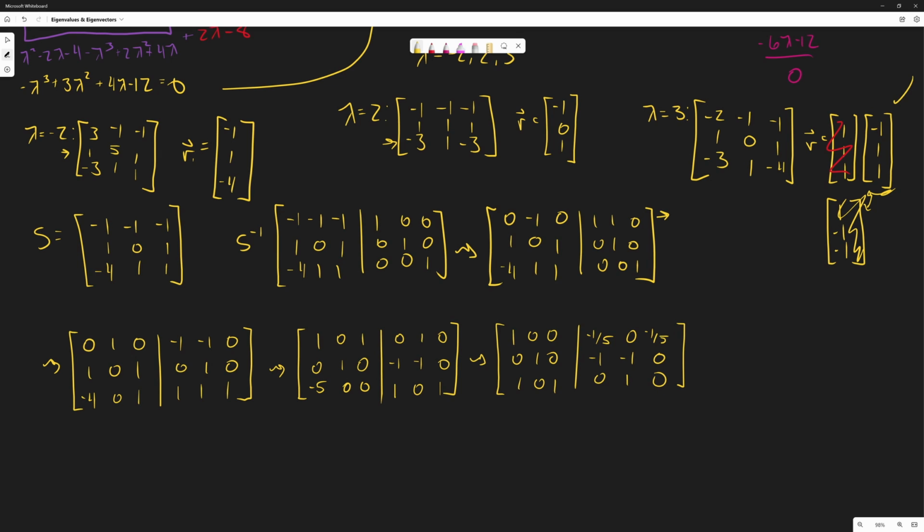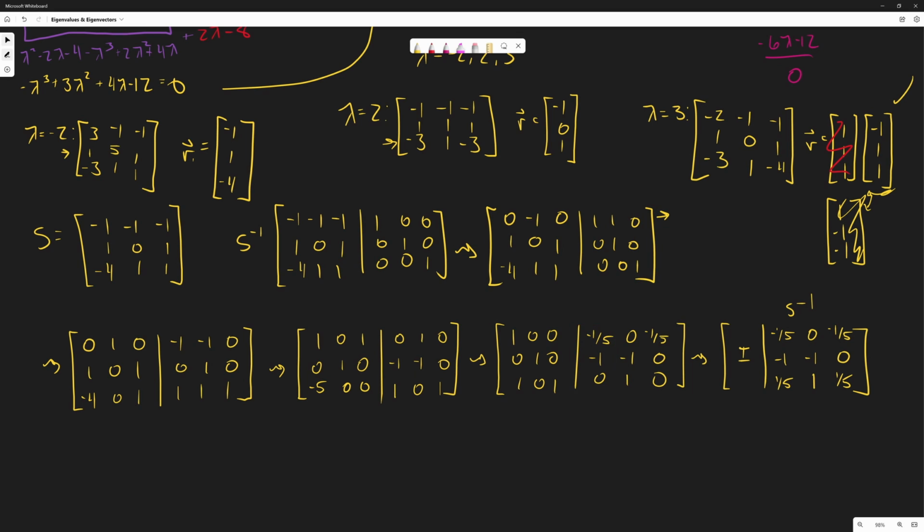And then we subtract. So we have our inverse. I'm just going to write I for inverse. Here we'll have -1/5, 0, -1/5, -1, -1, 0, and then 1/5, 1, 1/5. And that is our inverse.